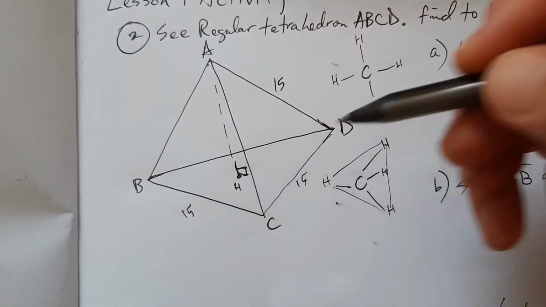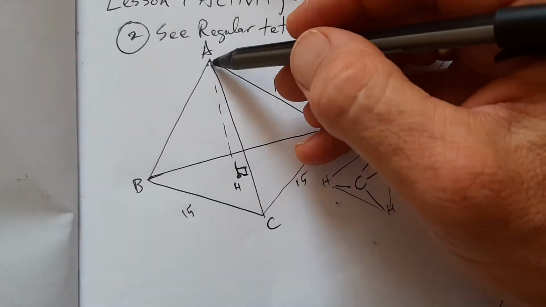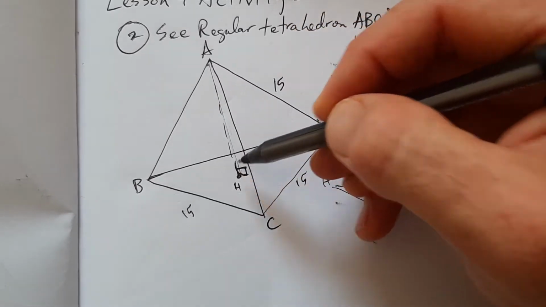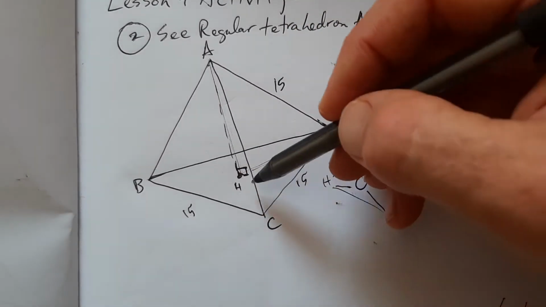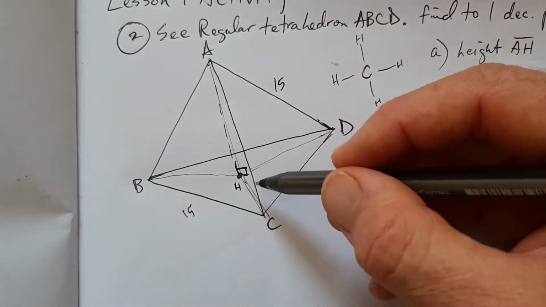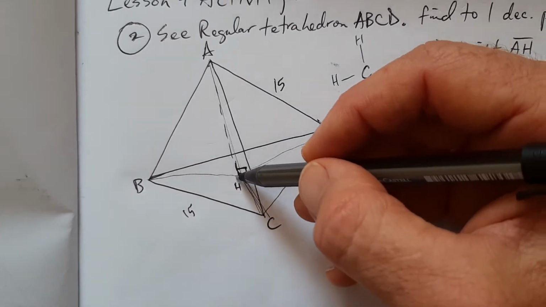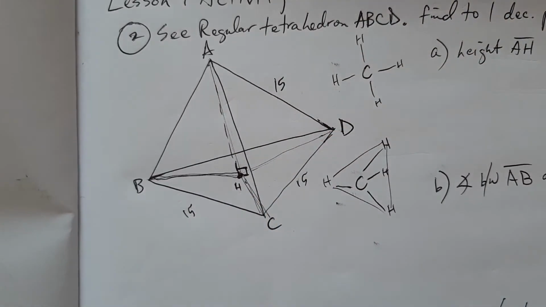That would be the dead center. How are we going to find that? We want to find this height here. We can see this could make a triangle right here, over to this corner or this corner, right? You're dividing this base triangle up into 3 triangles, because this has to be in the dead center of it.